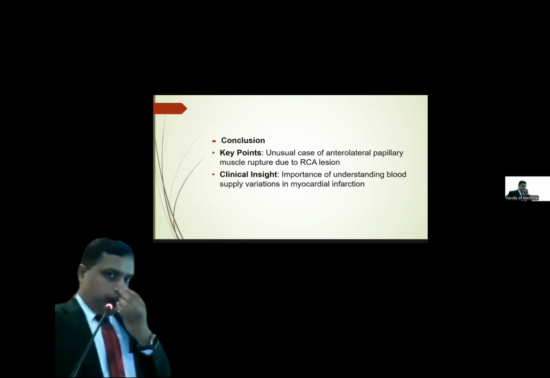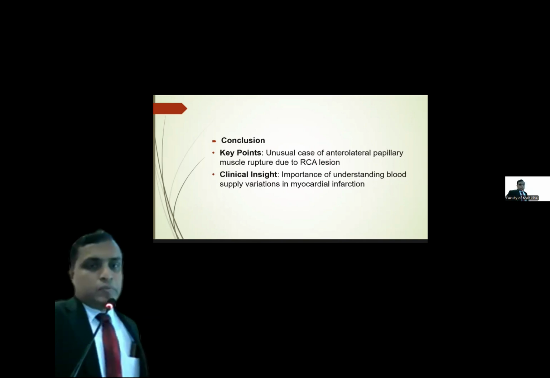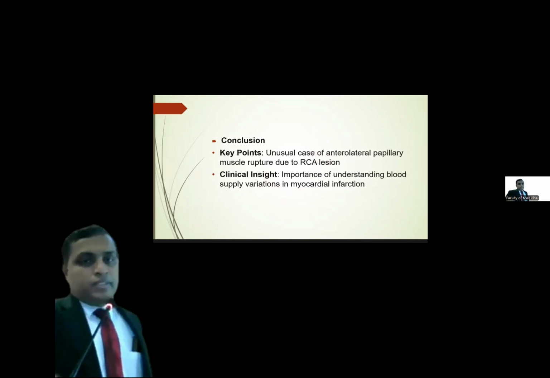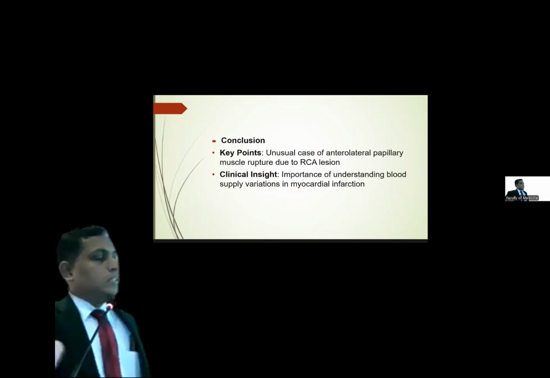The point is, this was a right coronary artery occlusion, but he came with anterolateral papillary muscle rupture. Usually the anterolateral papillary muscle is supplied by the left anterior descending artery diagonals and the circumflex, and the posteromedial papillary muscle is supplied by the posterior descending artery.